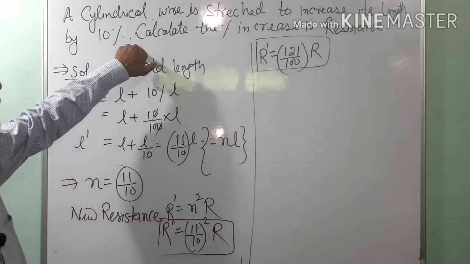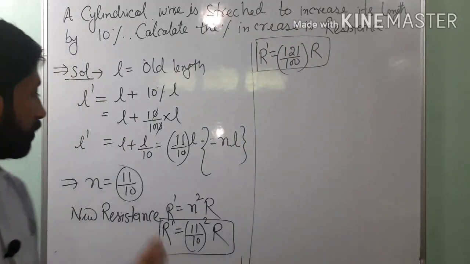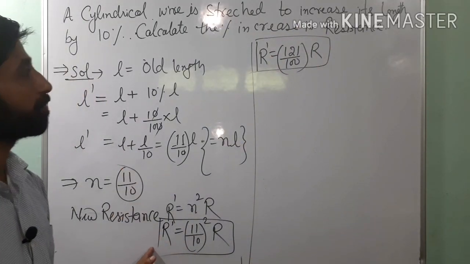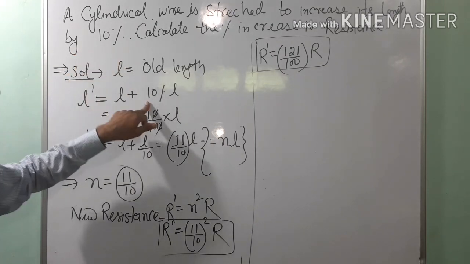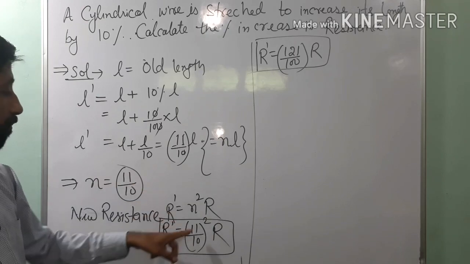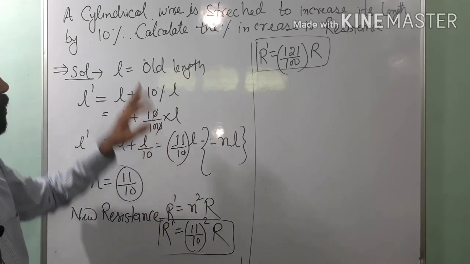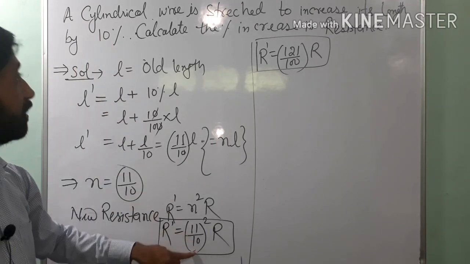It's asking to calculate the percentage increase. So this is one way to find the new resistance. Say if it was not 10%, it was 20%. Then it becomes 12. So 10% increase, the factor becomes 11 upon 10.